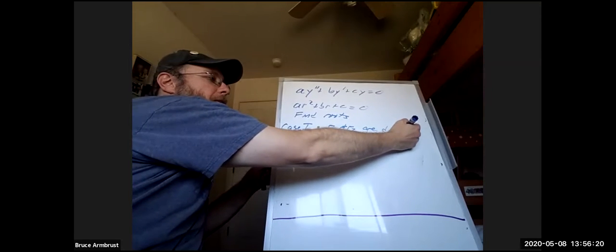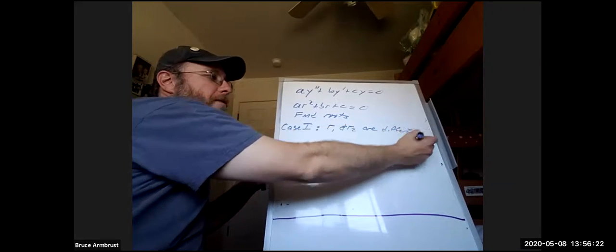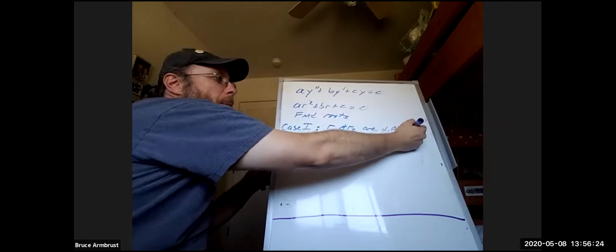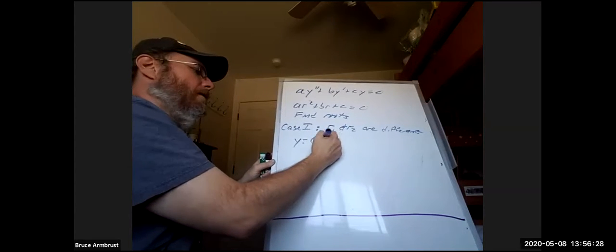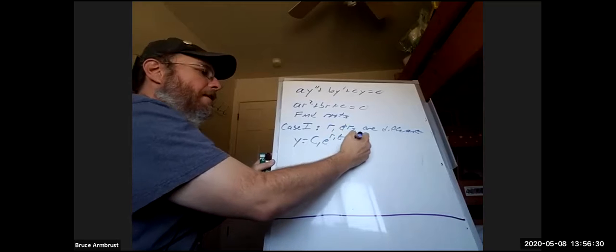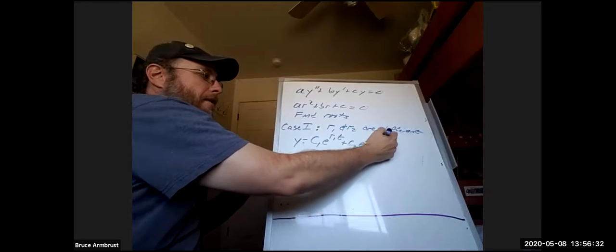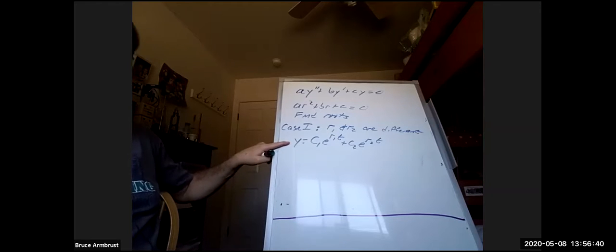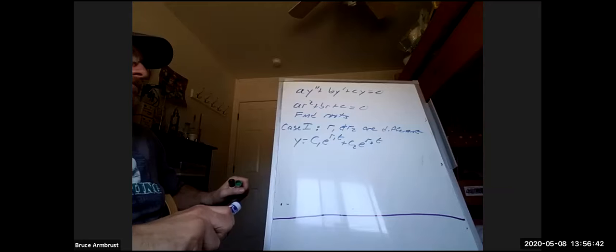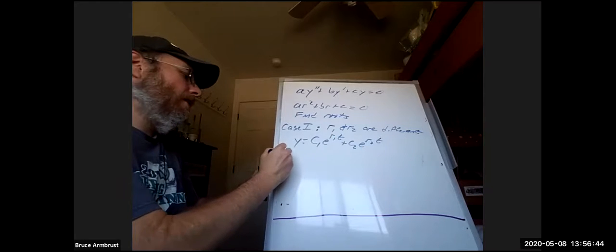So I'm going to write here that R1 and R2 are different. And in that situation, it was super easy, because we saw that the e to the rt for those 2 different r's form our fundamental set. And so, boom, we're done. So that was case number 1.